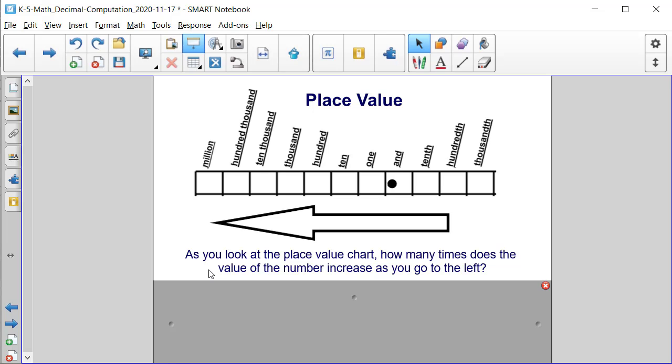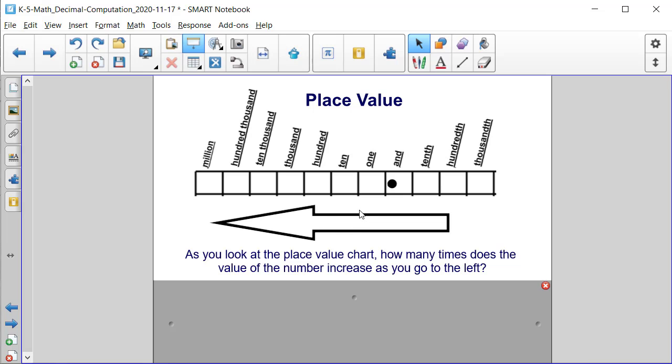As you look at the place value chart, how many times does the value of the number increase as you go from right to left? As you go from, for example, hundredths to tenths, and from tenths to ones, and from ones to tens.